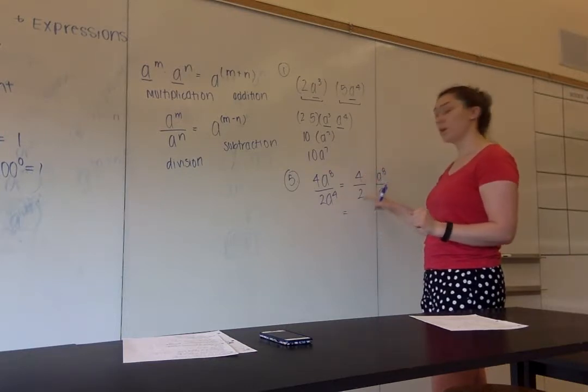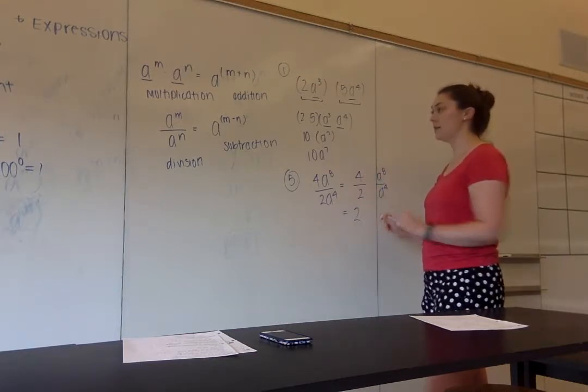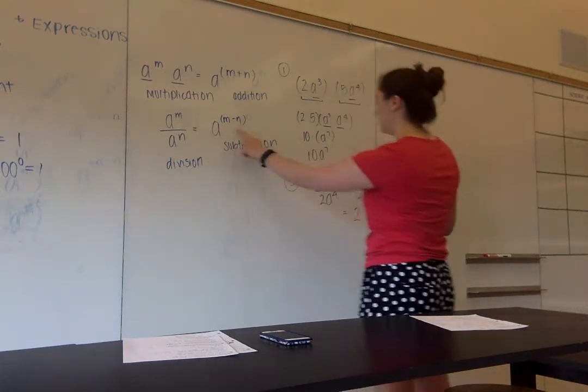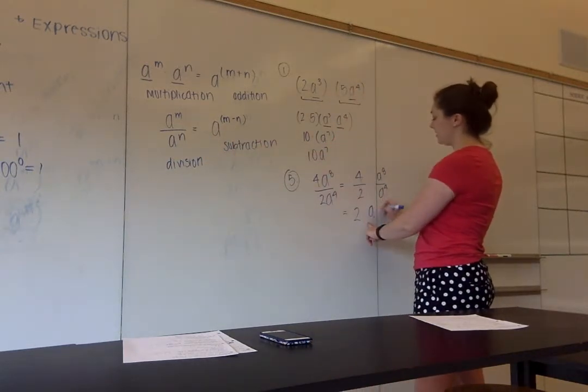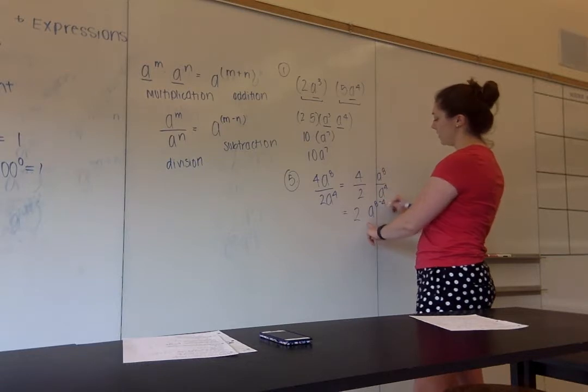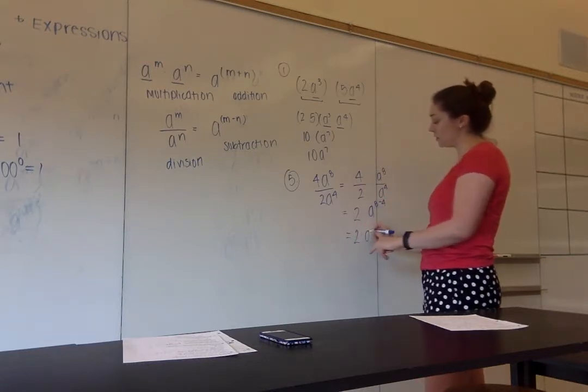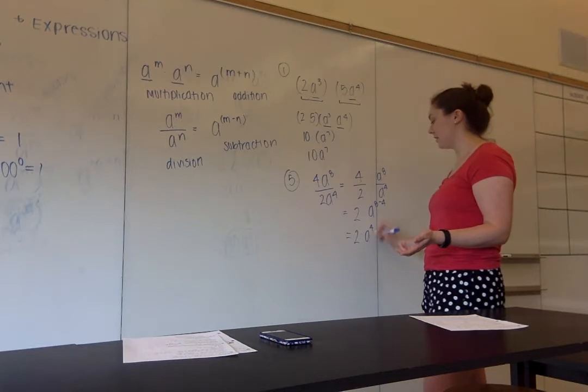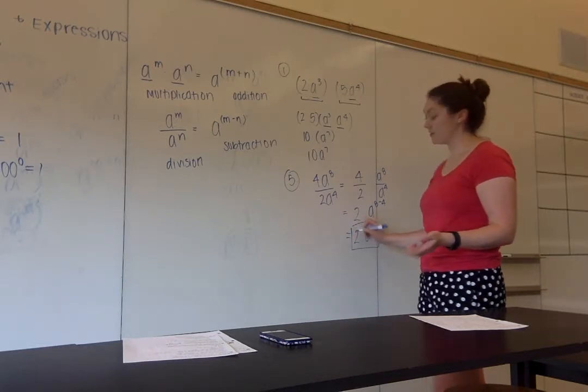Now we know 4 over 2 simplifies to 2, and using this rule here, this should be a to the 8 minus 4. And we know 8 minus 4 is 4. And this gives us a final answer of 2a to the 4th.